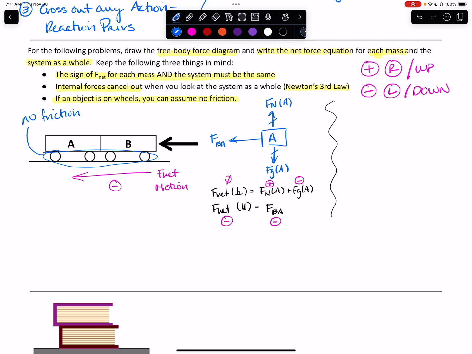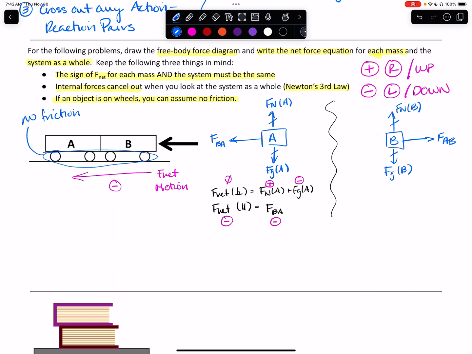Okay, let's try B. Here's object B. We're going to have very similar vertical forces, except they'll be for B. So the gravitational force on B is counteracted by the normal force on B. These are equal and opposite. Horizontally, we have the force of A on B, so that is the reaction to our action.